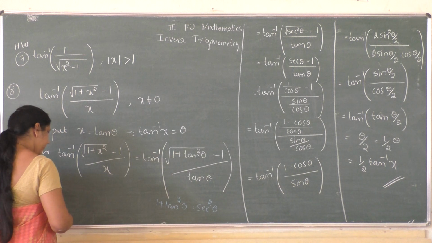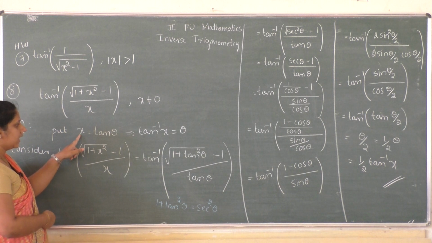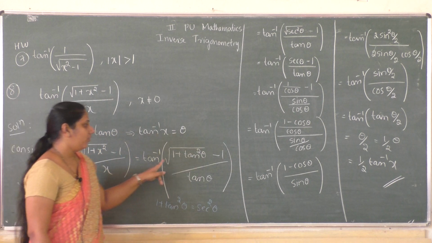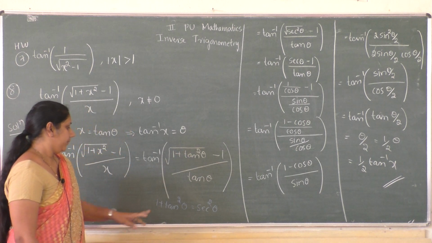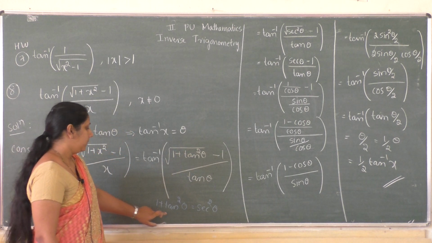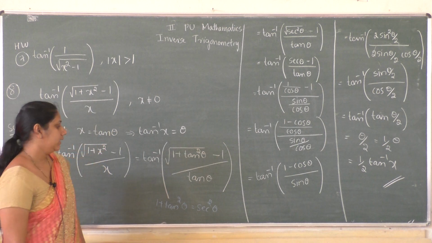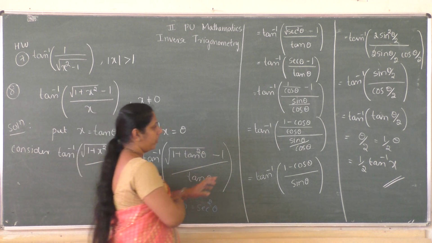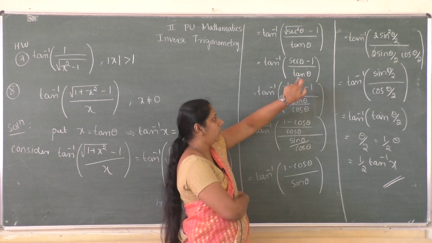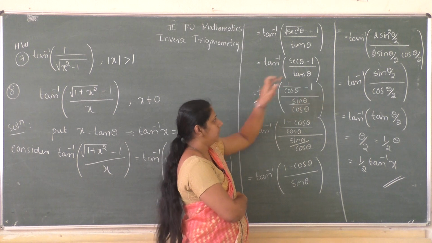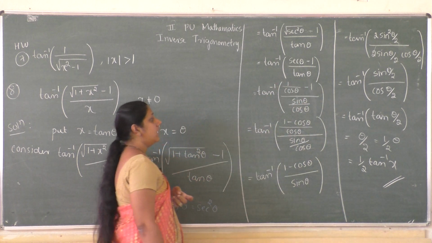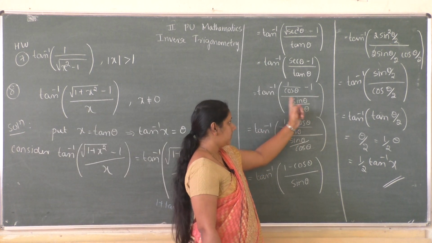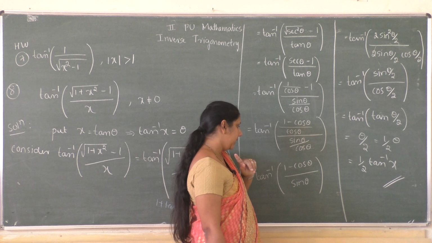Here the first thing we have to do is take x equal to tan theta, then root of 1 plus x square is root of 1 plus tan square theta. By the trigonometric formula, 1 plus tan square theta is sec square theta. So root of sec square theta is sec theta. Then in the place of sec theta you write 1 by cos theta. Similarly, in the place of tan theta you write sin theta by cos theta. After simplifying the numerator, the cos theta terms get cancelled.